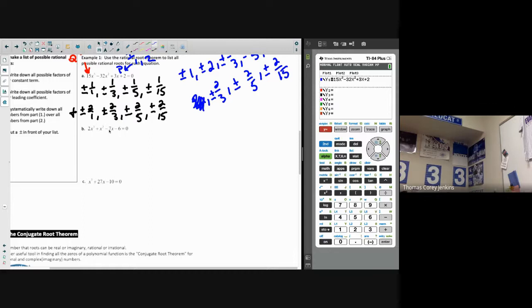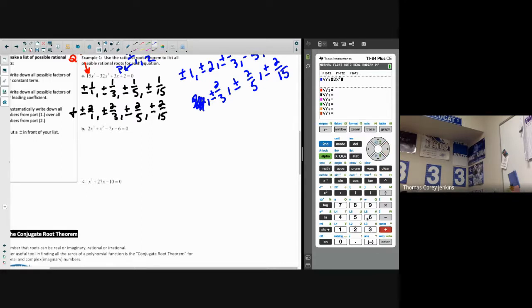So let's get a visual first. So we have 2x to the third plus x squared. I always forget to do that. When you do x to the third, you got to arrow out.